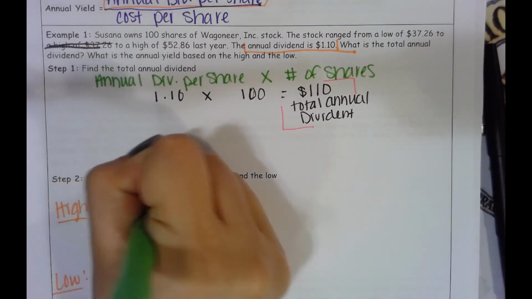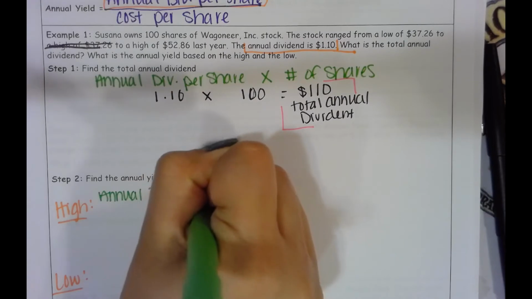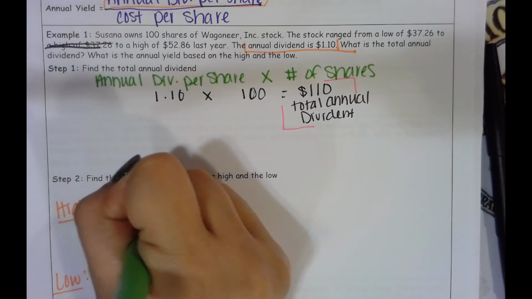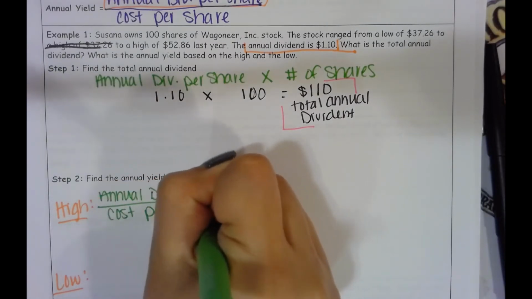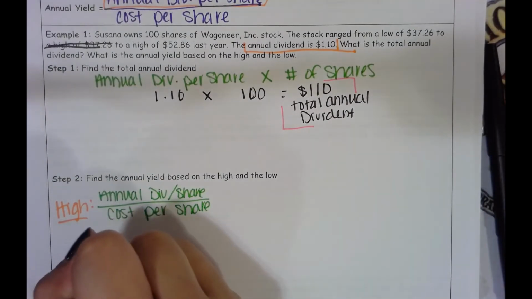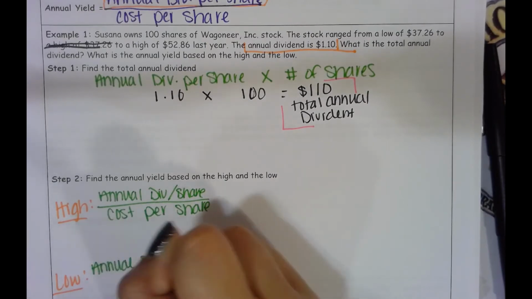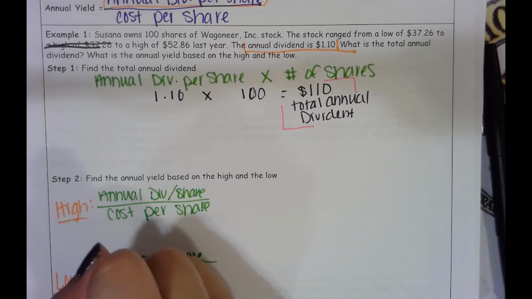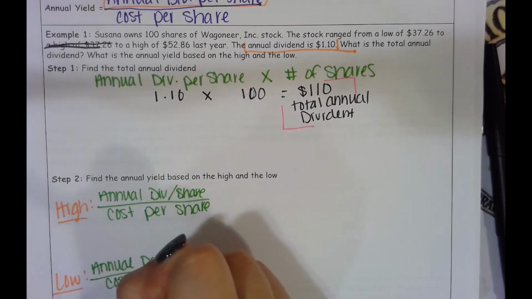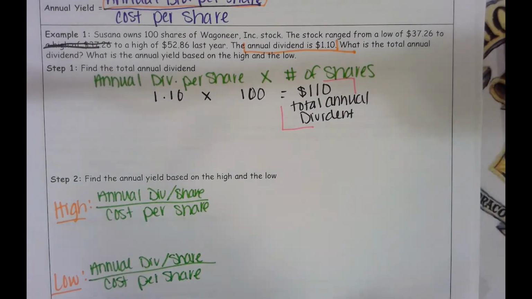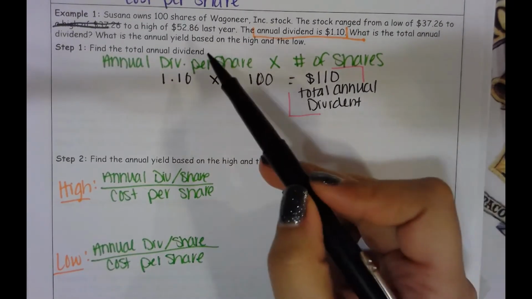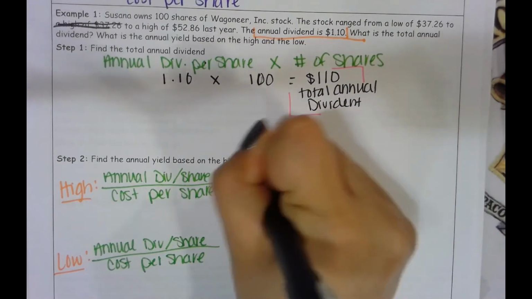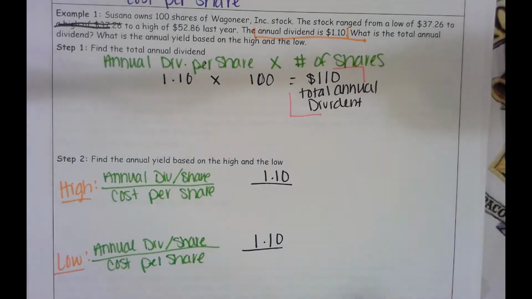Annual dividend per share divided by the cost per share. Alright, so remember that annual dividend per share is the same number you had here. So it's going to be that $1.10. You can go ahead and do these simultaneously.